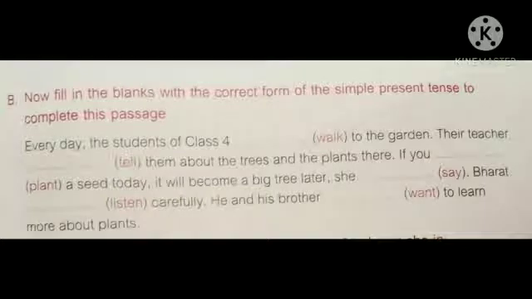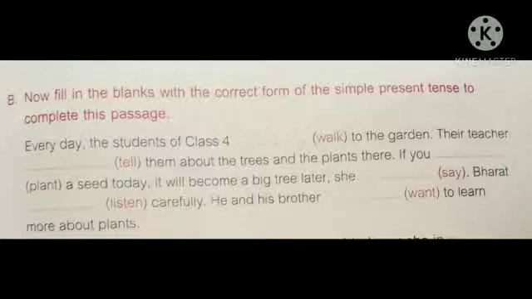B. Now fill in the blanks with the correct form of the simple present tense to complete this passage. Here in the bracket they have given verbs. We have to form them to simple present tense. Every day the students of class 4 walk to the garden.